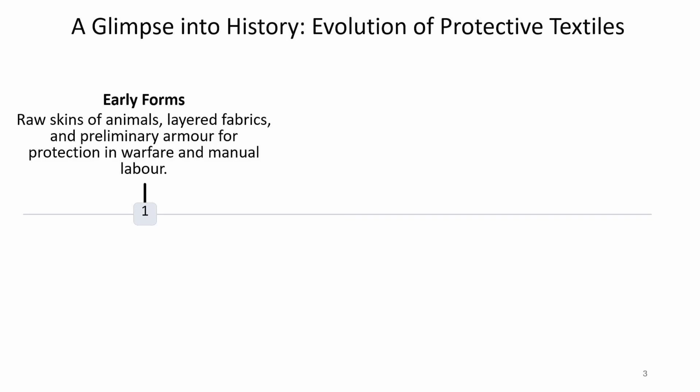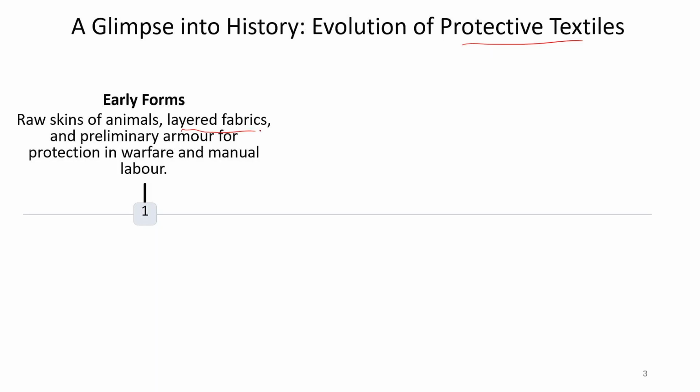Now, let us try to see in brief the history of the protective textiles, how these protective textiles evolved. So, in early days humans used to protect themselves from animals using animal skin, raw animal skins were used to protect from any mechanical threat, even layers of fabrics.